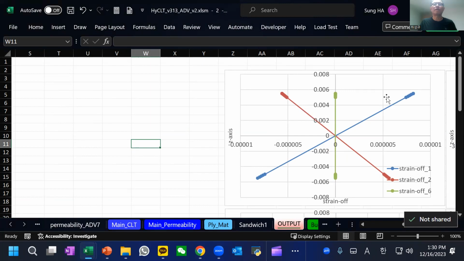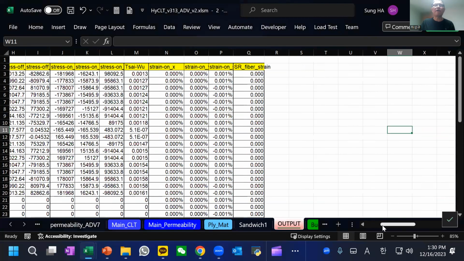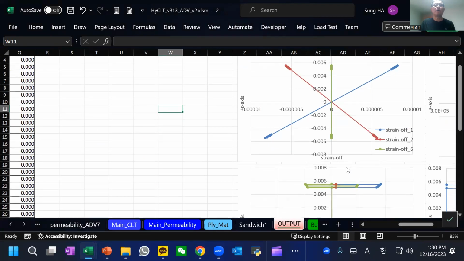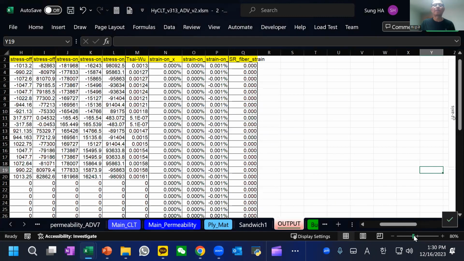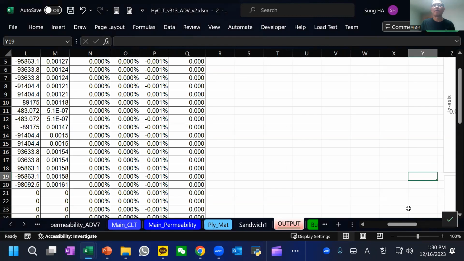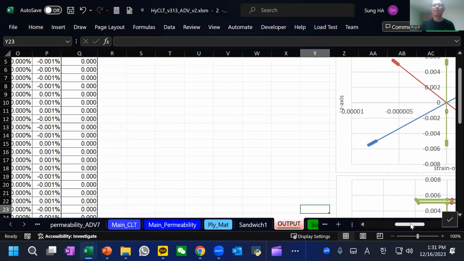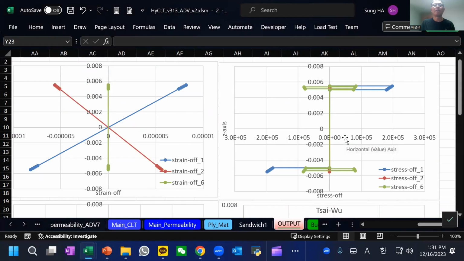As you can see here, this is the sigma, the off-axis and the on-axis strain. In the core, there is no stress, and of course in the core the strain will always exist, but the stiffness is very low.